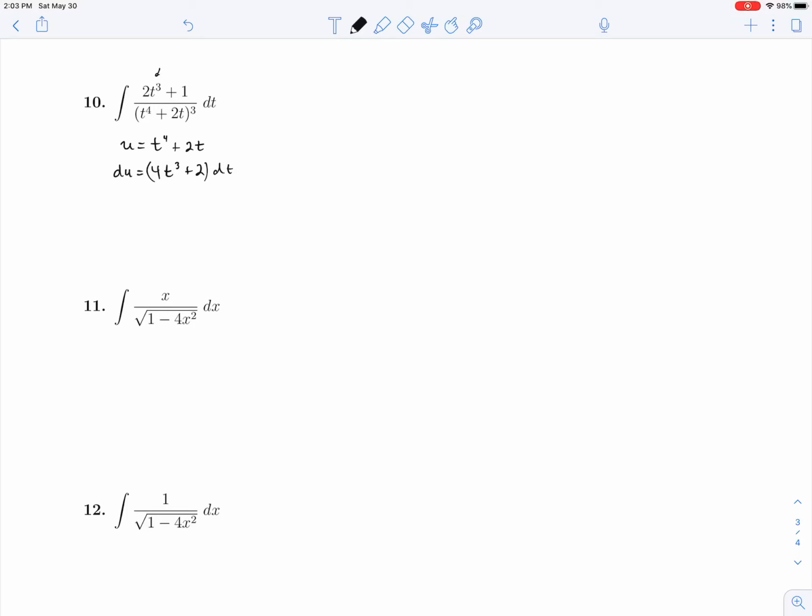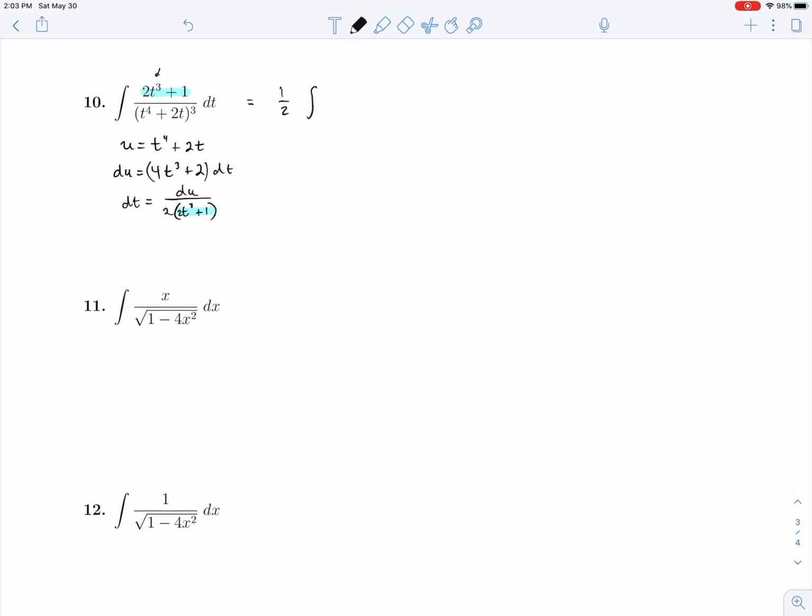So dt equals du over 2 times the quantity 2t cubed plus 1. And so when we replace this, the 2t cubed plus 1 cancel. And so we just have to factor out a 1/2.